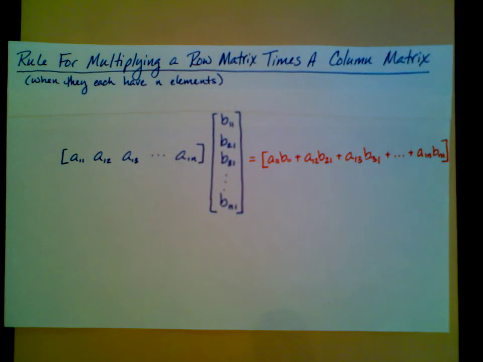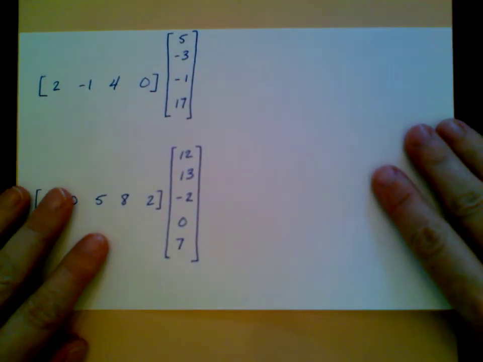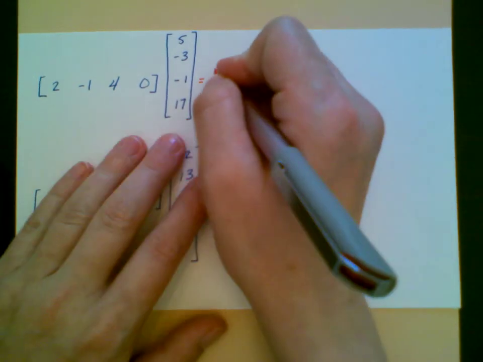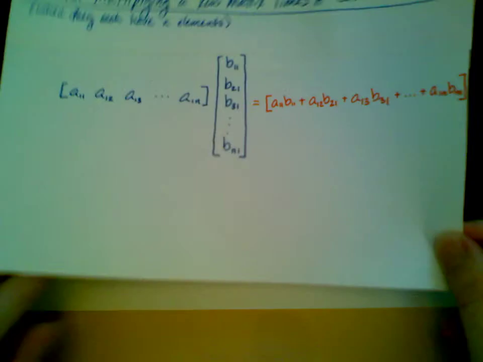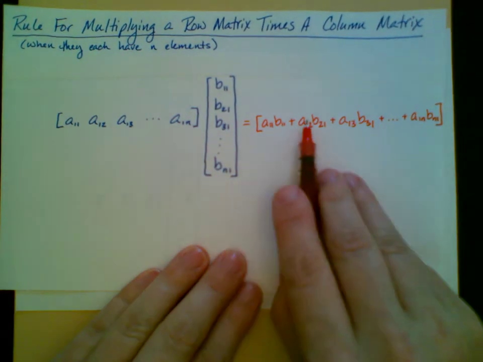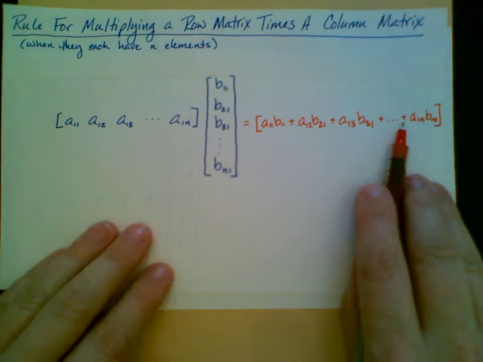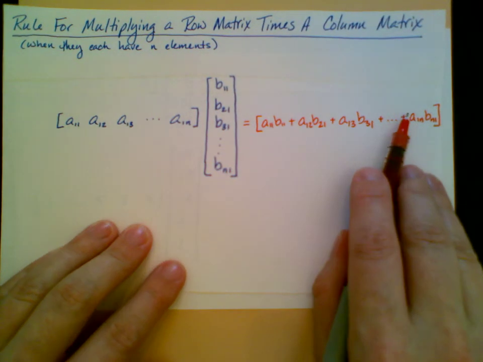All right, so let's have some more examples now. Move the rule out of the way. One thing that we should note before we abandon this rule: all of these things got added together, and so this is a single number when you actually calculate it.